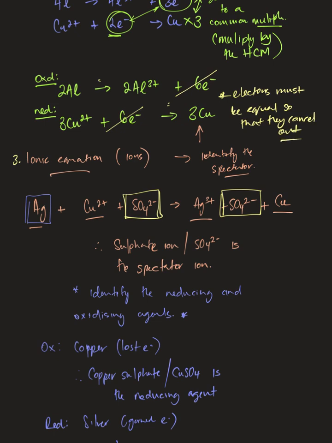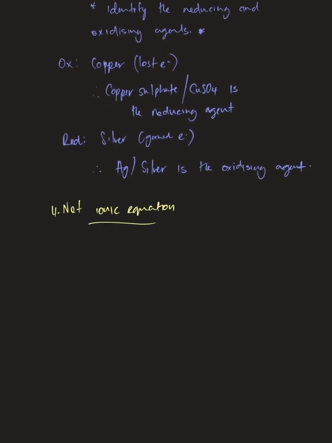So I know that in a net ionic equation, I must only have ions which are involved in redox. I can't have any electrons, and I can't have any spectator ions.